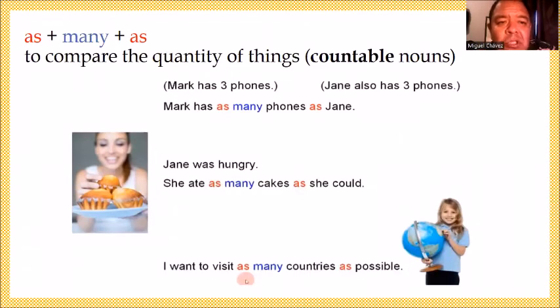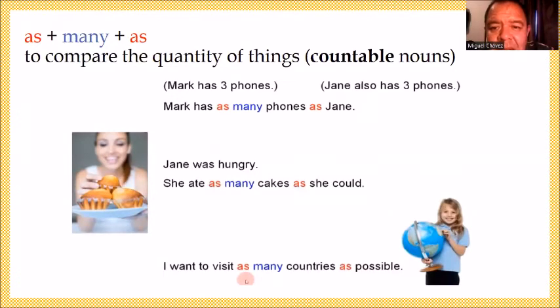If we want to show or compare the quantity of things, in this case countable nouns, we are going to use the same structure as, but we are going to add the word many. Remember that we use many for countable nouns. Let's see the examples. Mark has 3 phones.